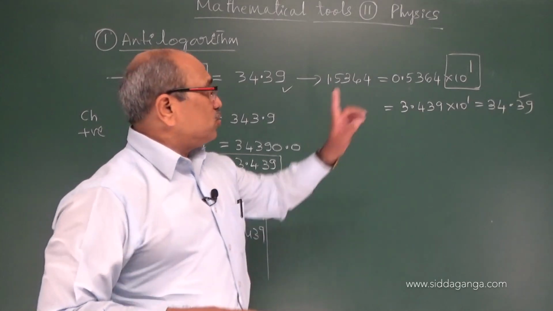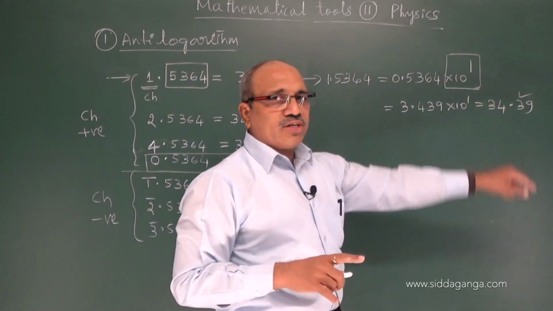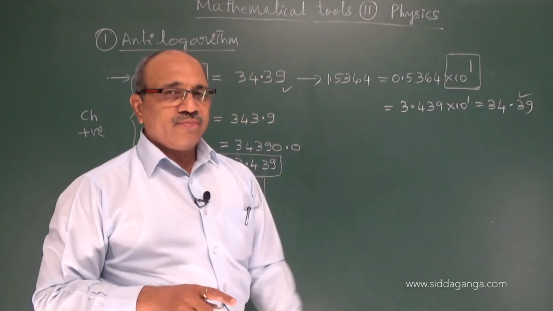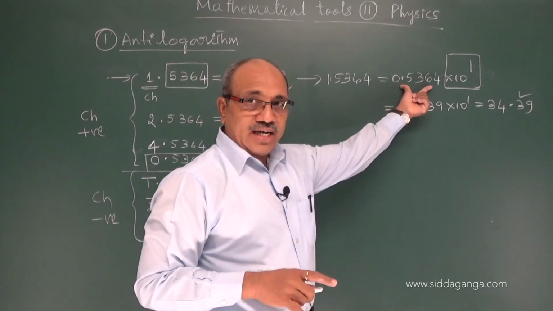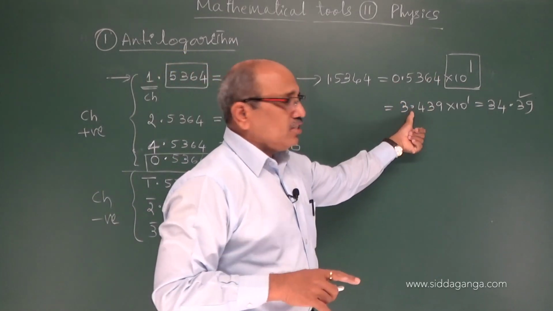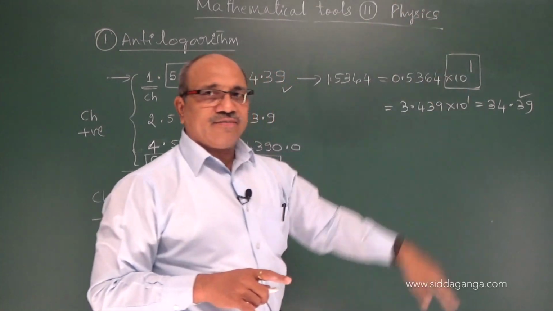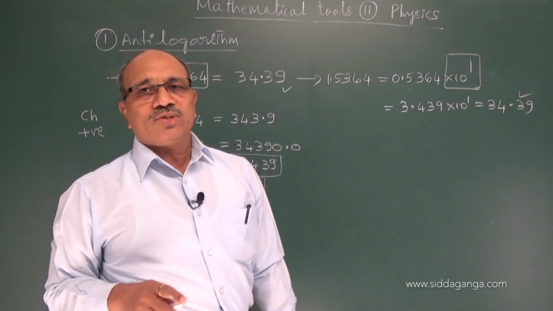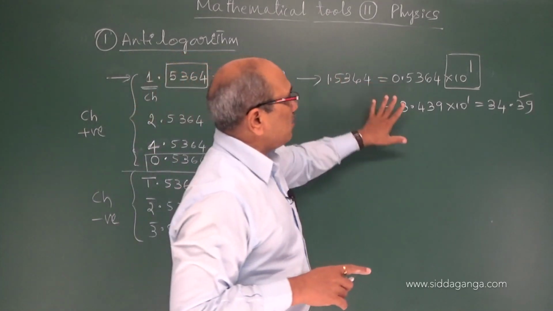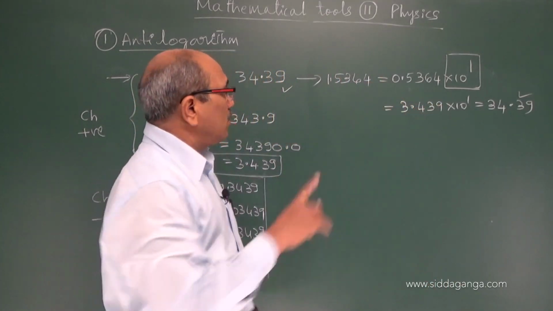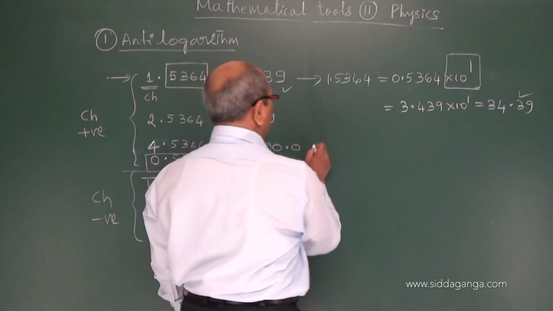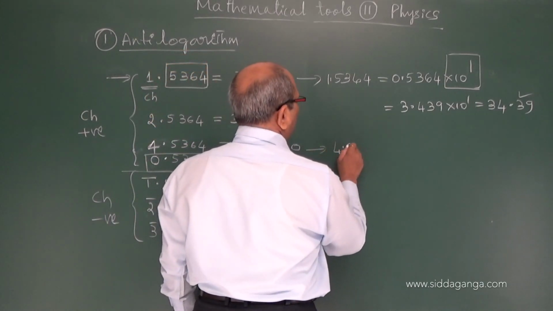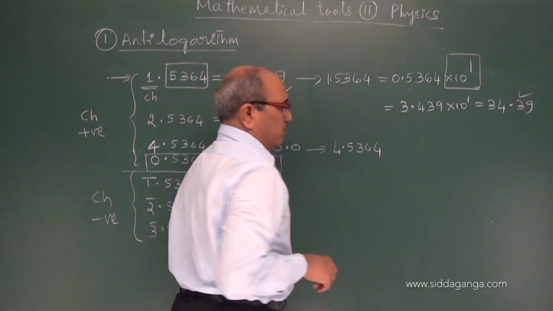Characteristic: you convert to 0 point something into a power of 10 first. Keep that separate. Find the log, anti-log for this. After one digit you place the decimal point and can adjust later. The very simple method, without any confusion, lets you arrive at the anti-logarithm. For example, take 4.5364.